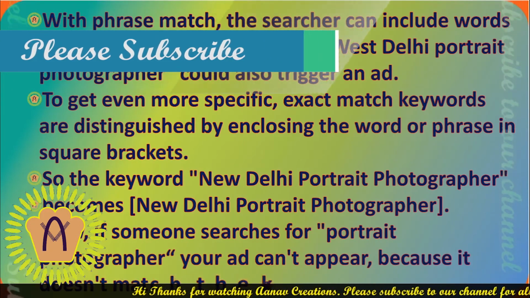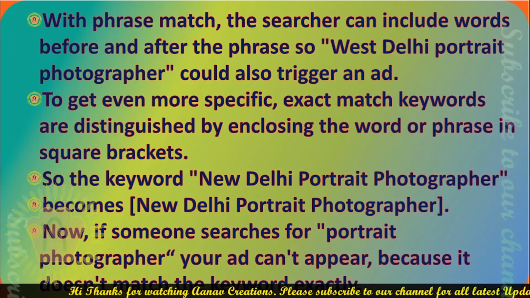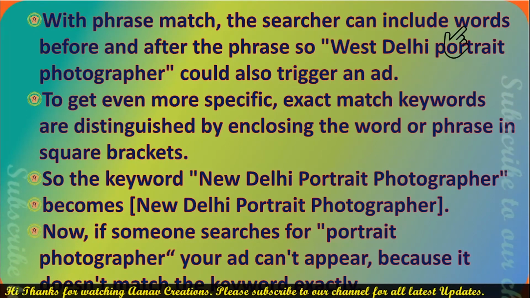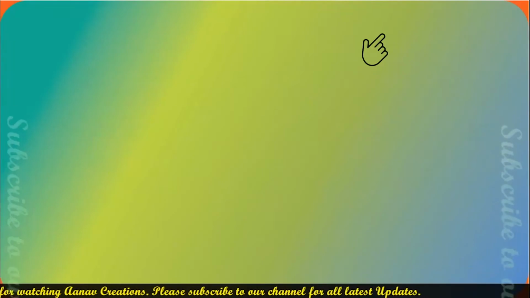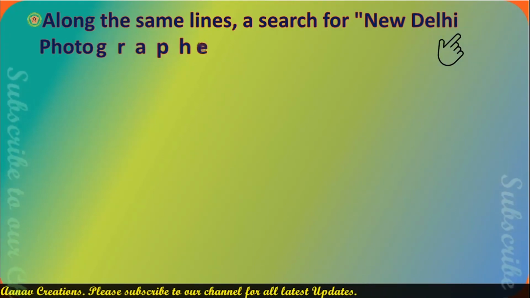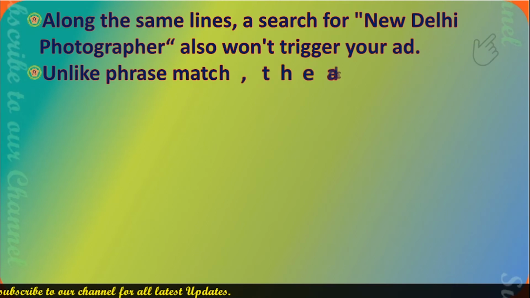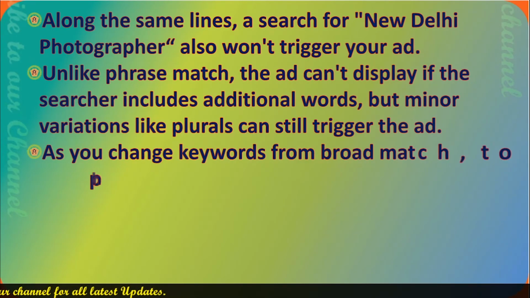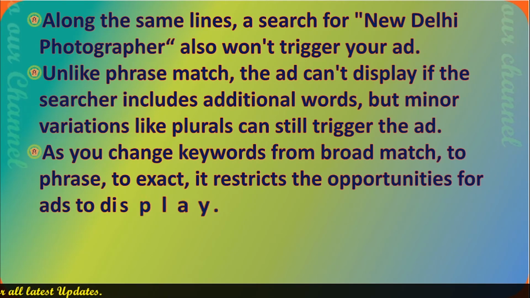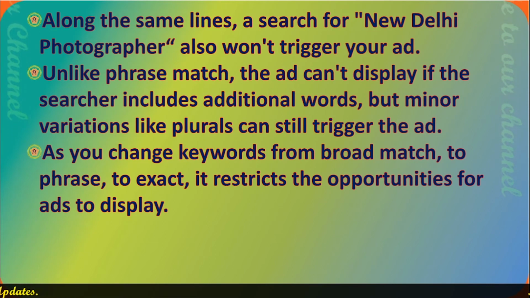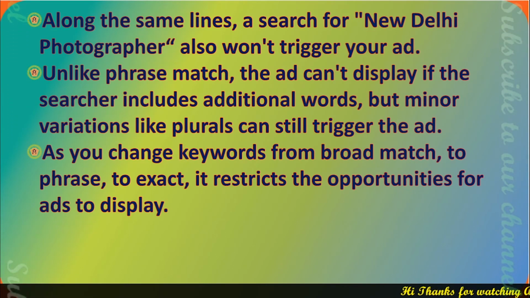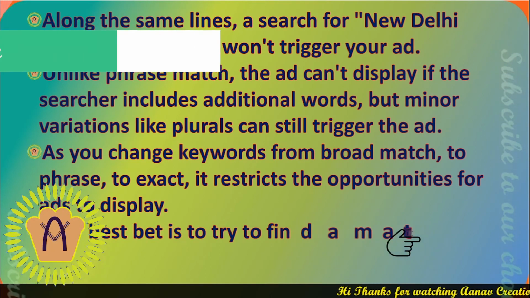Now, if someone searches for portrait photographer, your ad can't appear because it does not match the keyword exactly. Along the same lines, a search for New Delhi photographer also would not trigger your ad. Unlike phrase match, the ad can't display if the searcher includes additional words, but minor variations like plurals can still trigger your ad.